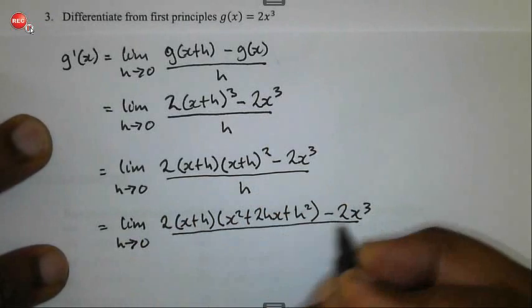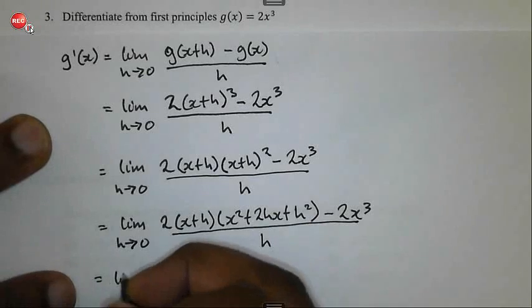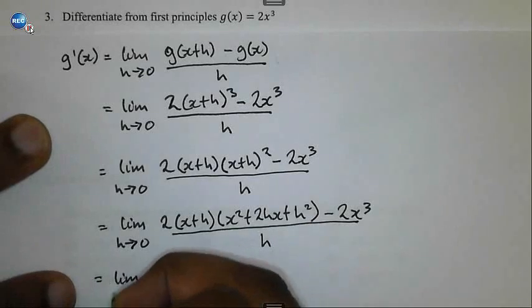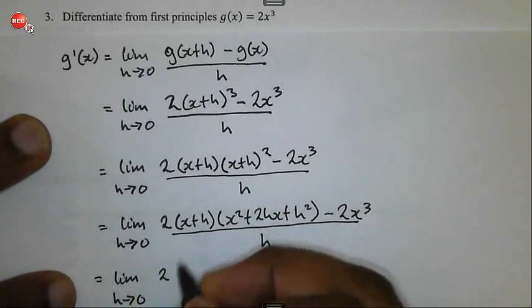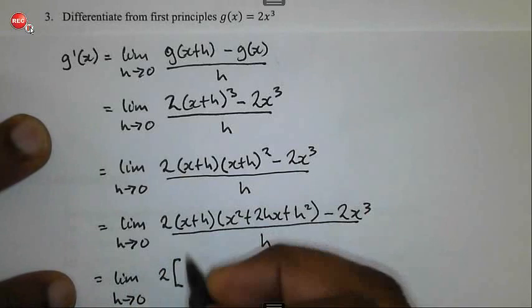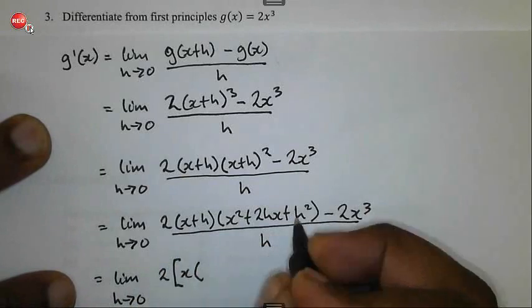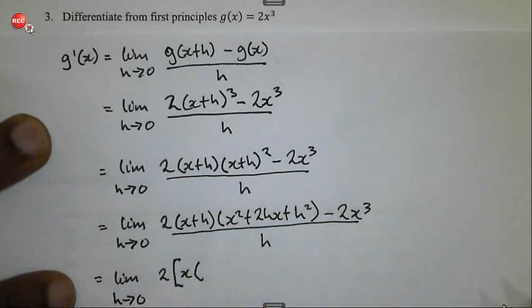Now, what we need to discover, if we multiply this by that, what comes out? So this is the limit as h approaches naught of 2 by... Okay, so remember how we expand this. We take the x, multiply with everything, and then take the h, multiply with everything in there. That's how we normally do it, right?